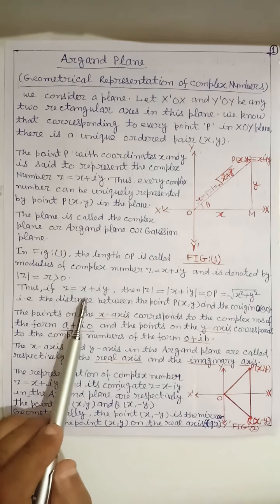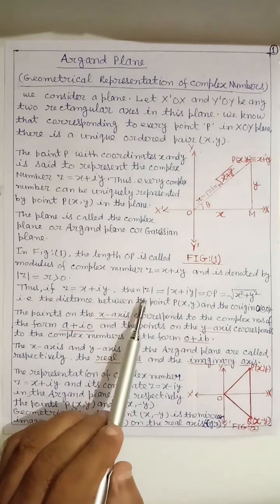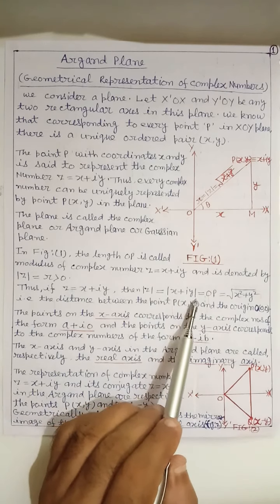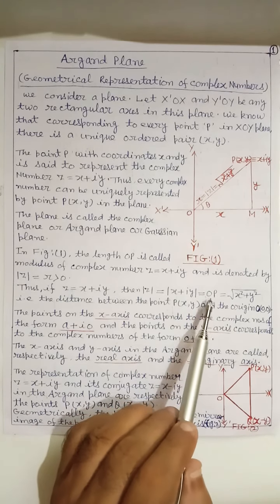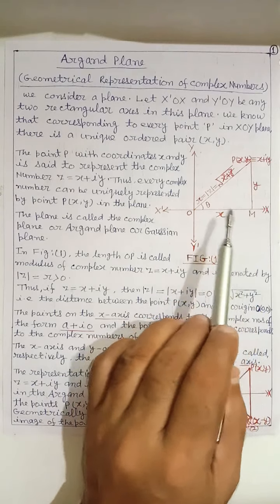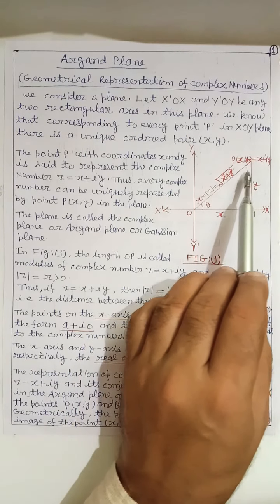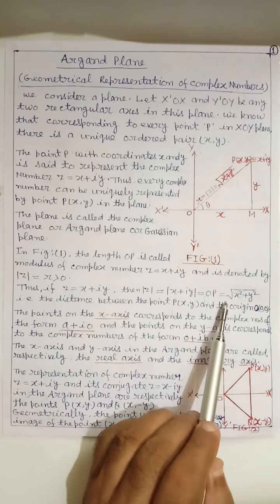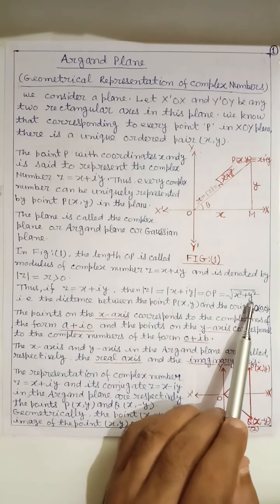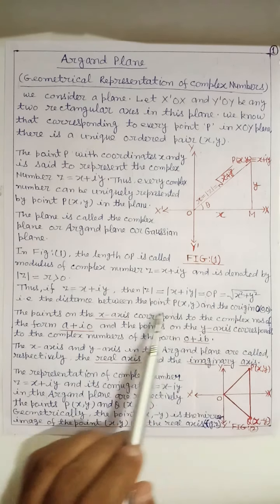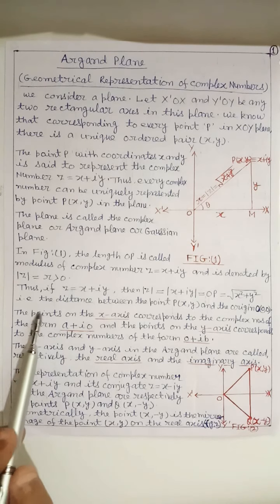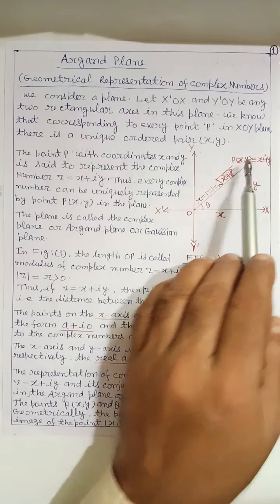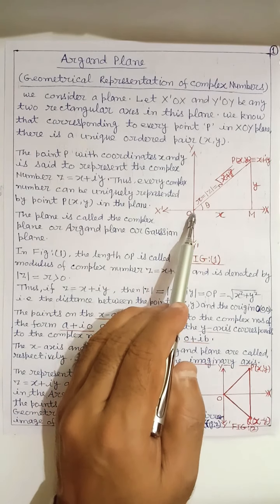So z equal to x plus iy, then modulus of z equal to modulus of x plus iy equal to OP, the length OP here, and this is equal to square root of x square plus y square, and this is the distance between the point P and the origin O.